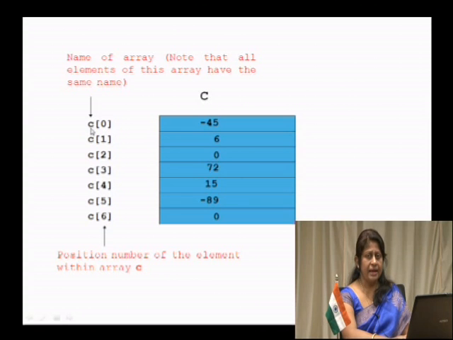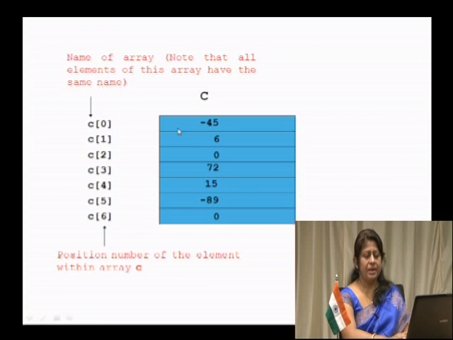And how to access the individual elements in the array? We make use of the position numbers or the subscripts. These subscripts are always enclosed within square brackets in this manner. So, when we refer to an array with a single subscript such as C of 0 or C of 1, it means that I am trying to access an array element which has a single dimension.